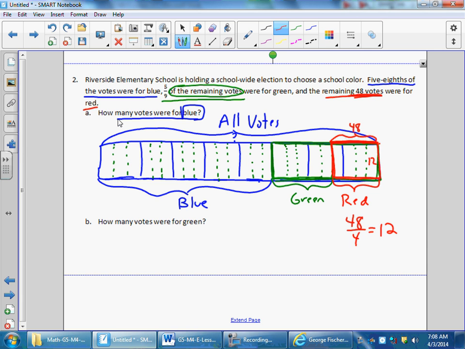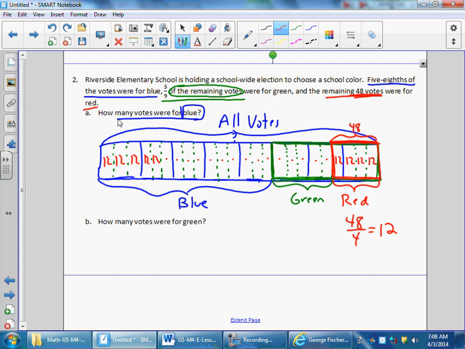Each of these pieces gets 12. So do the rest of these. They are all equal pieces. Okay, so we know that every piece in there gets 12 votes.